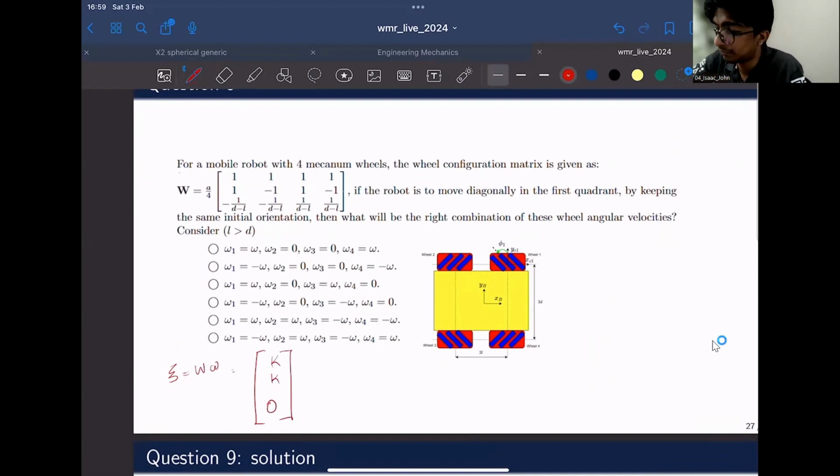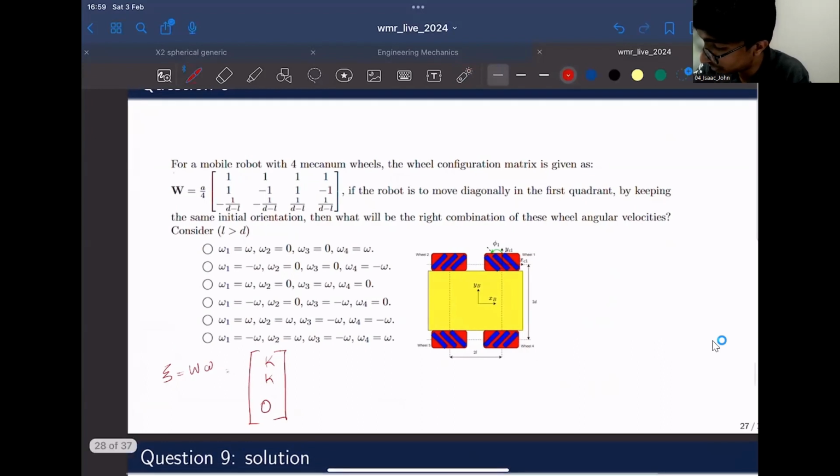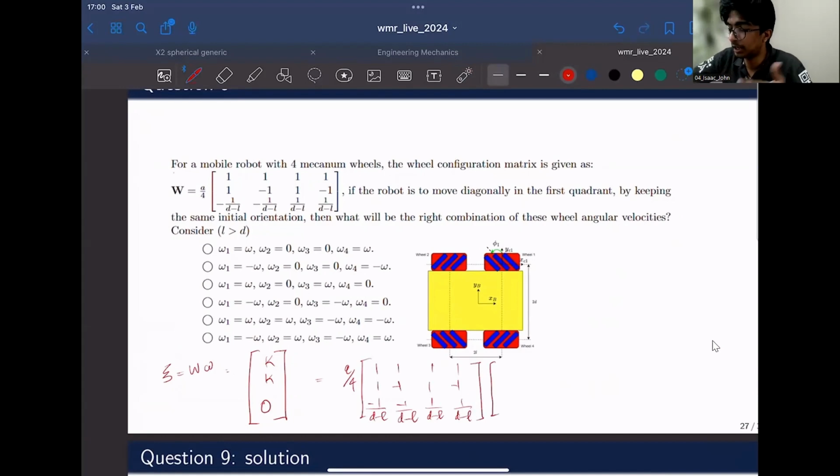So both of them should have exactly the same magnitude and same direction, right? So if I reproduce the W matrix, this should be A by 4 times 1, 1, 1, 1, 1, minus 1, 1, minus 1, minus 1 by D minus L, minus 1 by D minus L, 1 by D minus L, 1 by D minus L. So what combination of omega will give you K, K, 0?